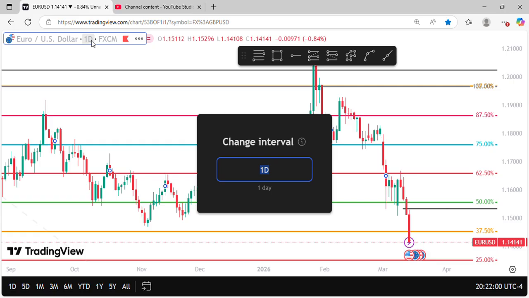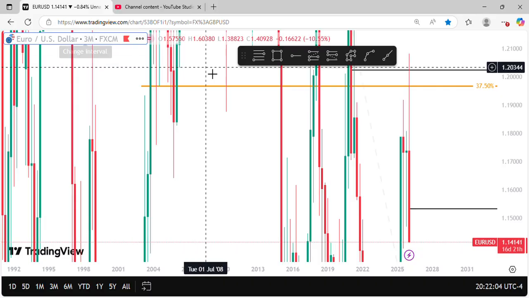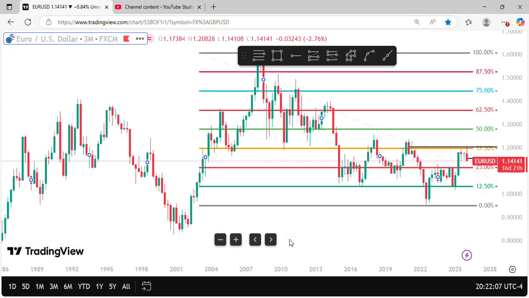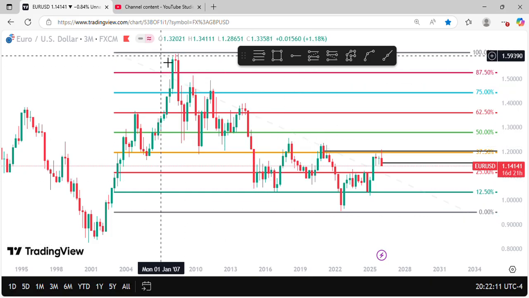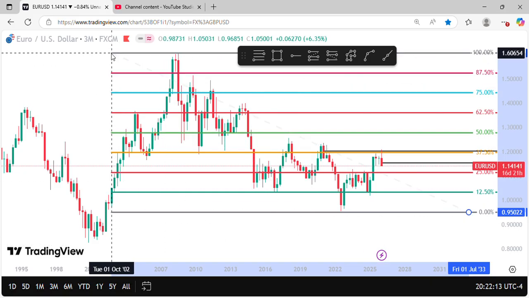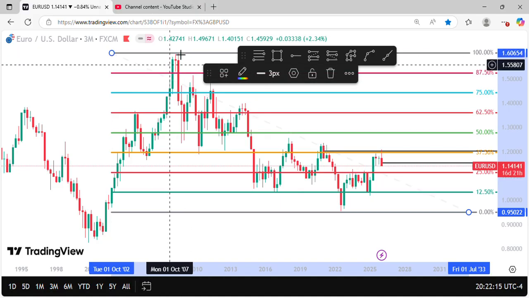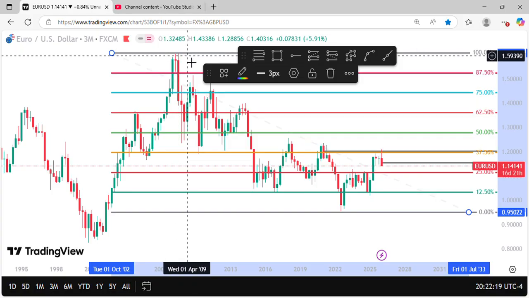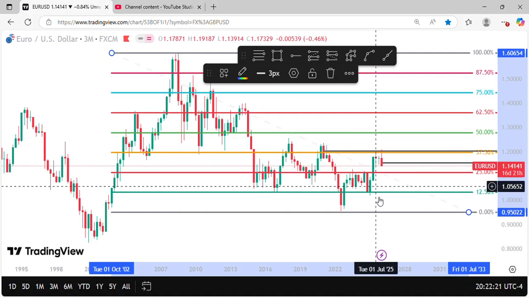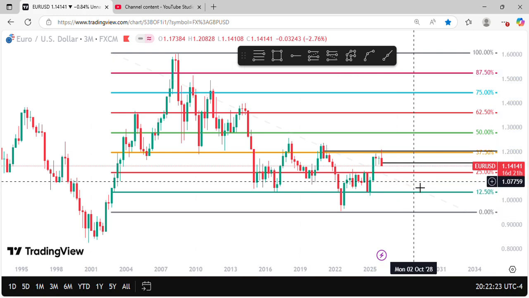Similar to what we have done on the dollar index, the charts remain the same. Every week is just the same thing that we do. So on the 3-month chart time frame, these are the high and the low, giving us the range low and high.